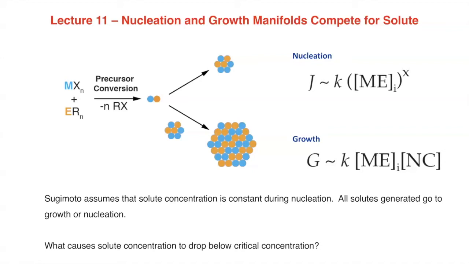And eventually, the growth process completely overtakes the solute, and all solutes go to growth. Now, when does that happen? Okay, so at what stage does that happen? Well, that happens when the total consumption of solutes is faster than their production.